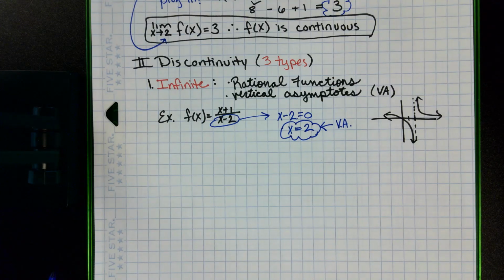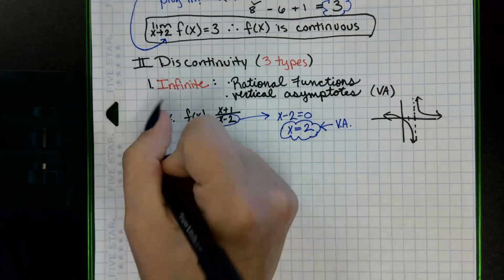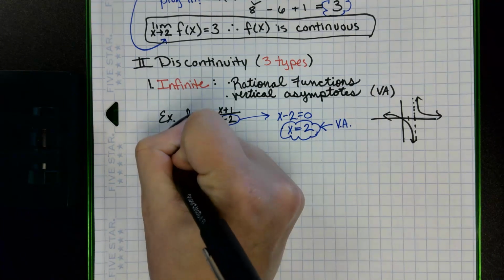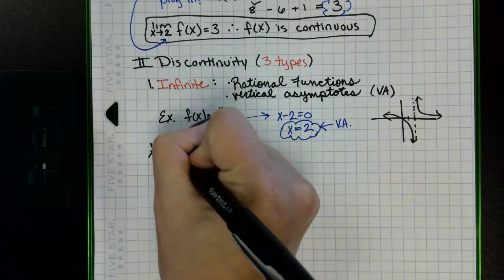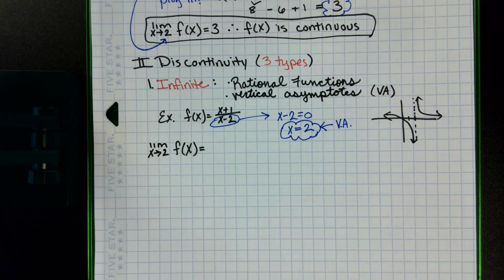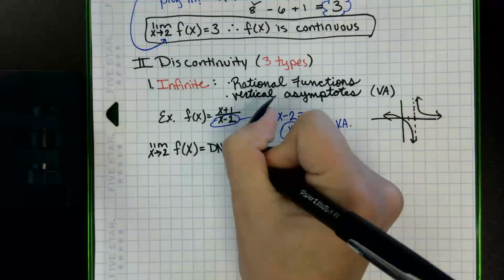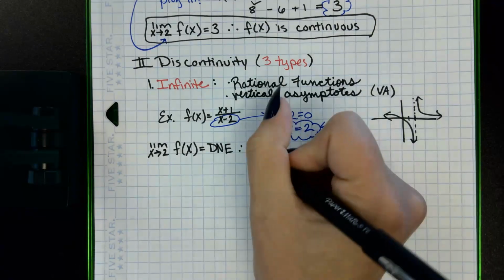There is a vertical asymptote, or an infinite discontinuity, at x equals 2. We can write that in limit notation. The limit as x approaches 2 of the function f of x equals, so what's the y value at 2? Well, there isn't one because there's that asymptote there, so it does not exist. DNE, does not exist. Therefore, infinite discontinuity.